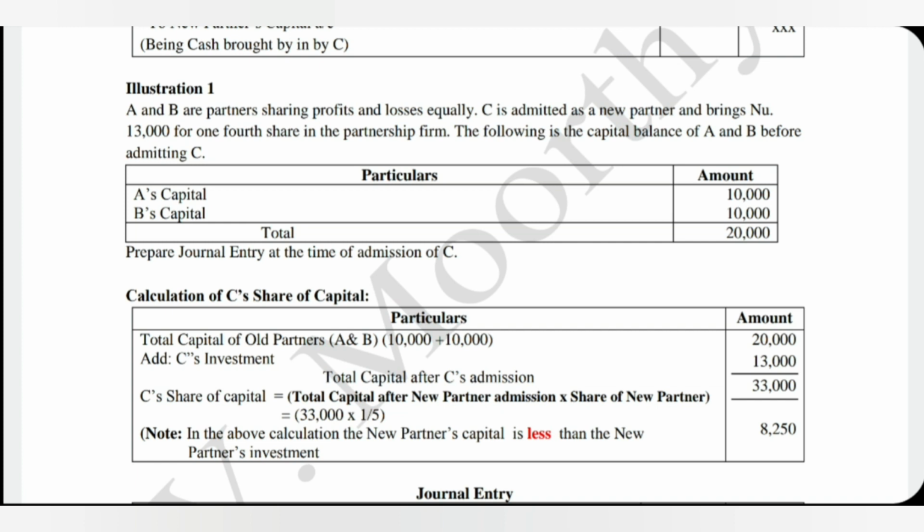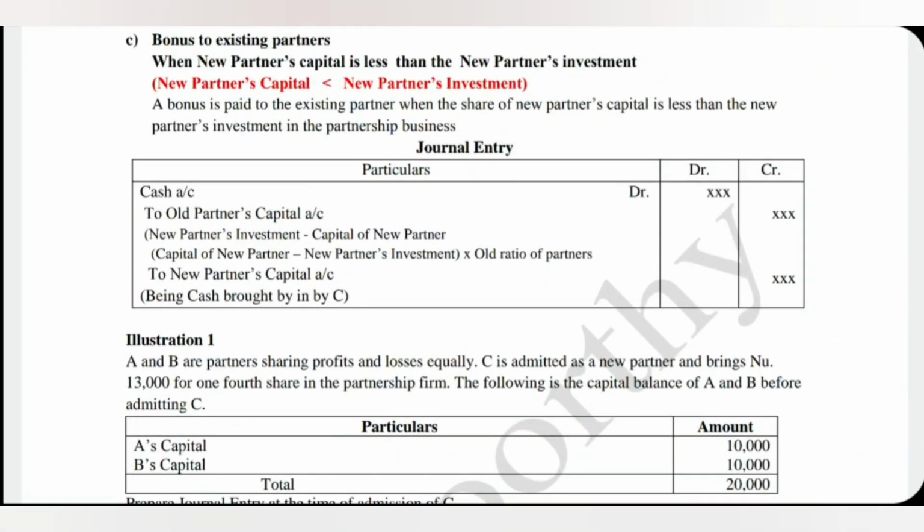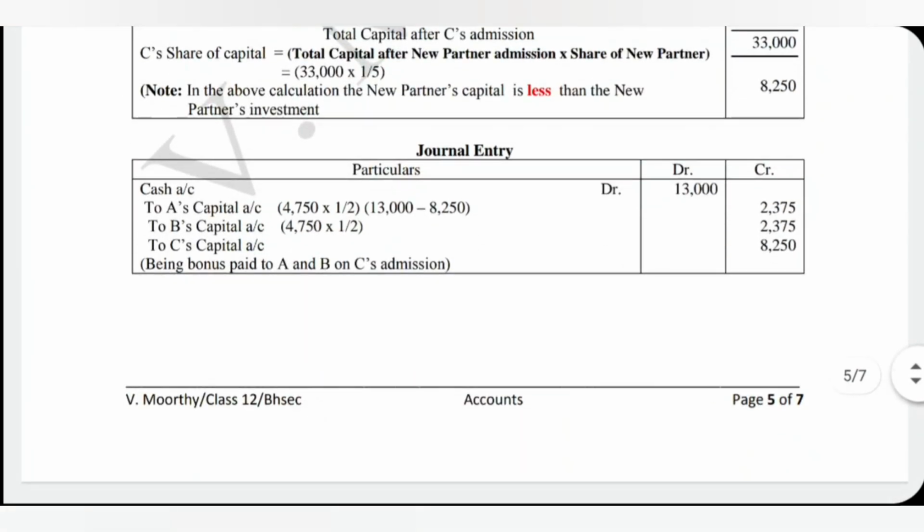So when you calculate it, 33,000 of 1/5 comes to 8,250. The amount of cash brought by the new partner is 13,000, and the amount of capital of the new partner is 8,250. That is, the amount of capital is less than the new partner's investment.